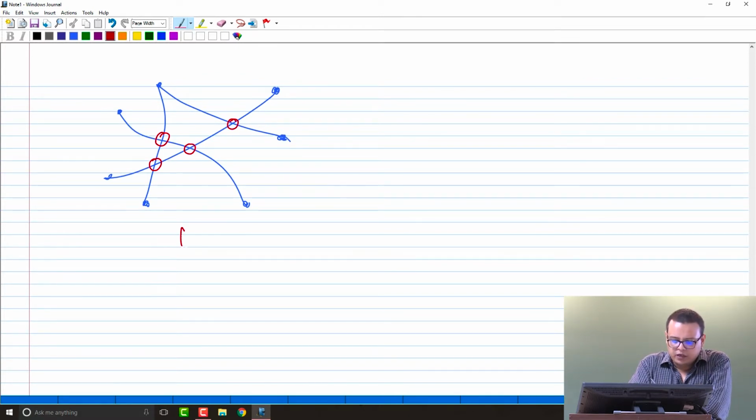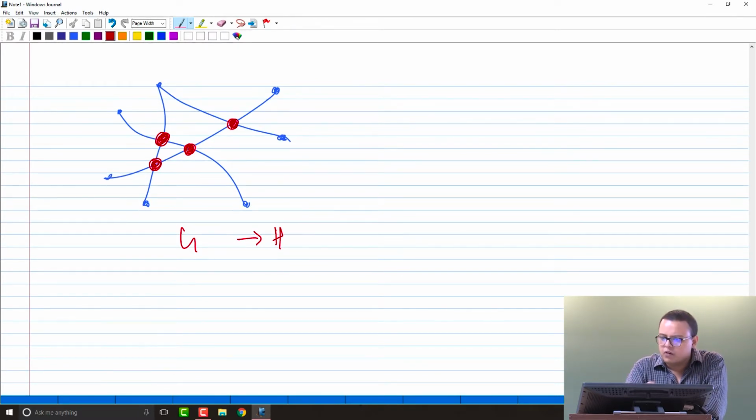So this is a drawing of G. Convert G to a graph H in the following way. Make these crossings to be the vertices. So the vertex set of H will be these crossing points plus the original vertices of G. This will be a planar graph.